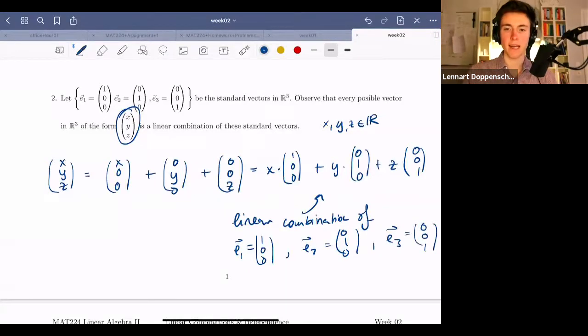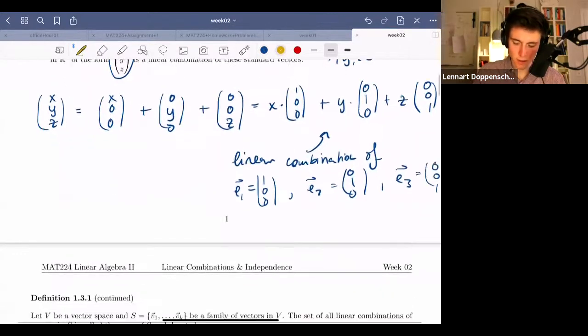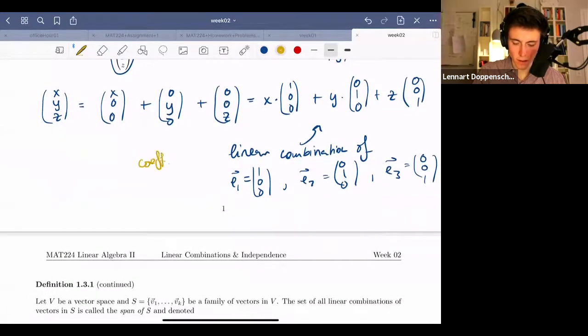So if you want to represent any vector in R3, you can just specify a linear combination of these. And funnily enough, the coefficients of the combination, don't confuse these x, y, and z with vectors.